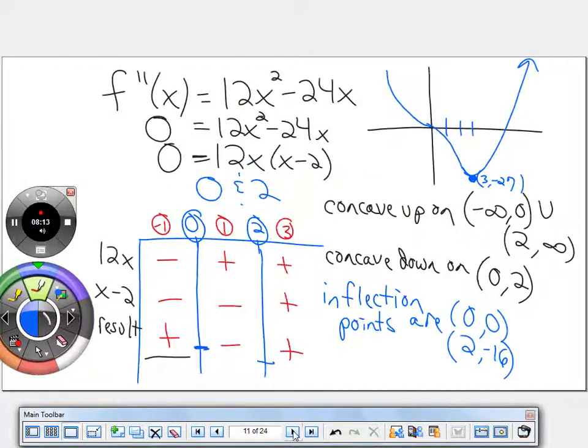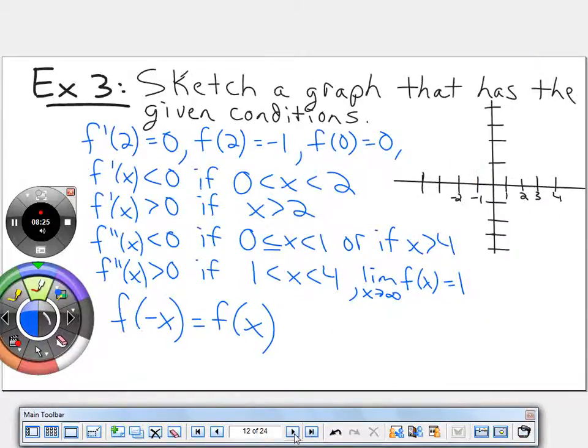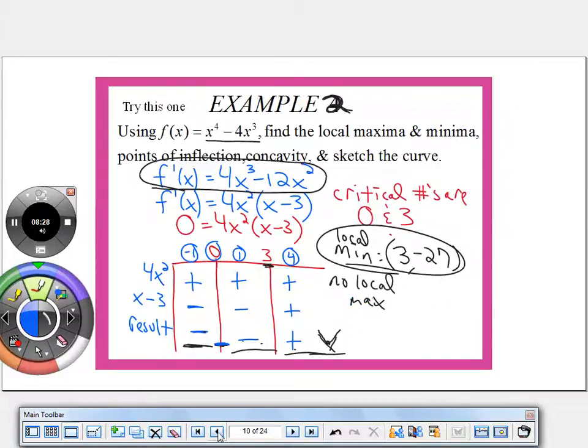We see that. It goes down here, then levels out, and then it does still decrease. Then we got our minimum there, and it starts increasing from 3 on. So good there. We didn't have any local max.